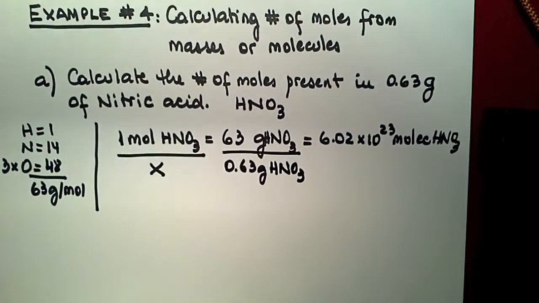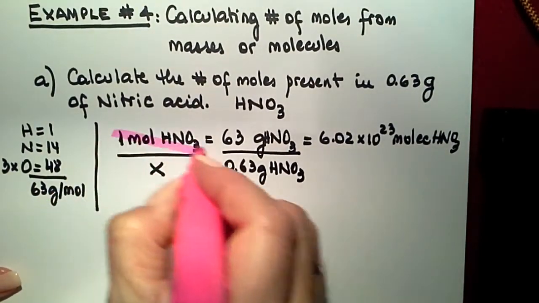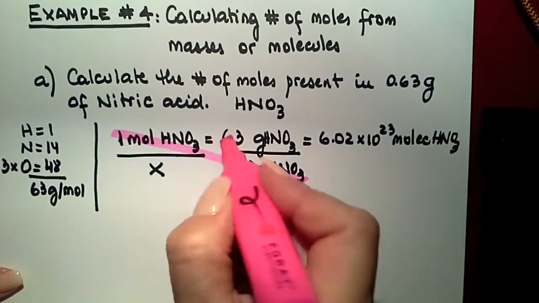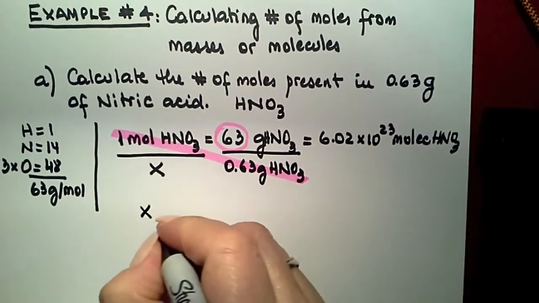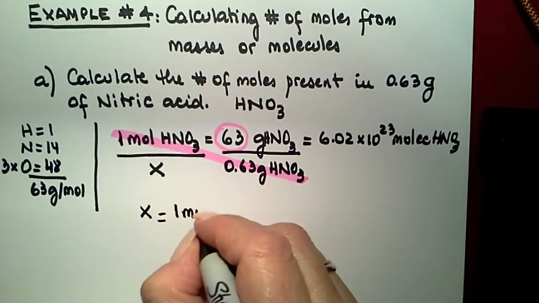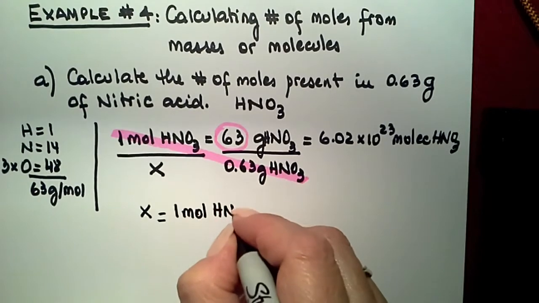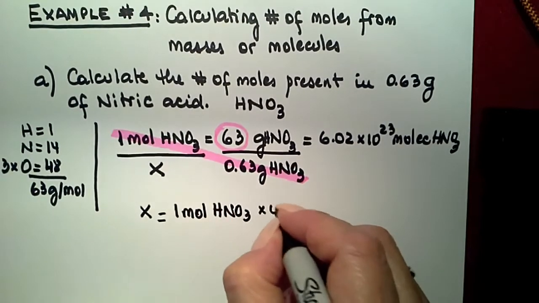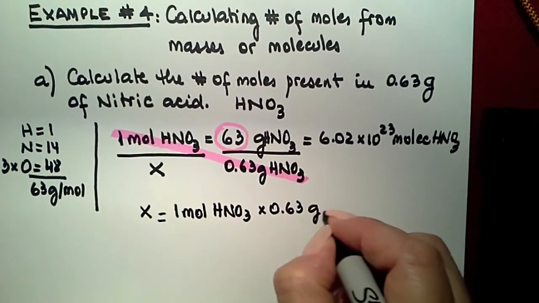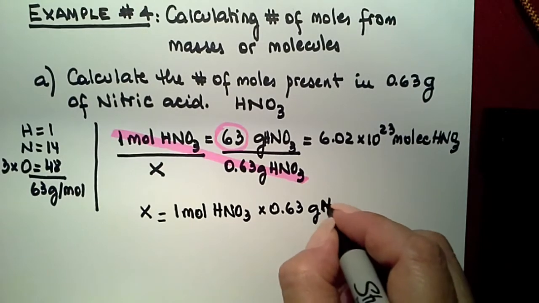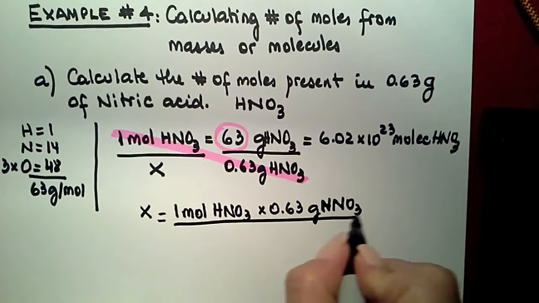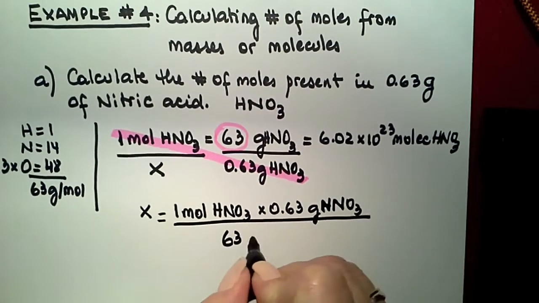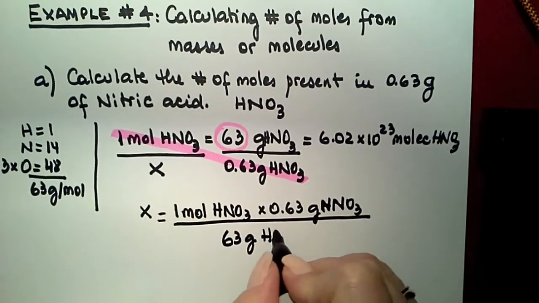So again, my X will be 0.63 times 1 divided by 63. So my X, remember the units, is 1 mole of nitric acid times 0.63 grams of nitric acid, HNO3, divided by 63 grams of nitric acid.